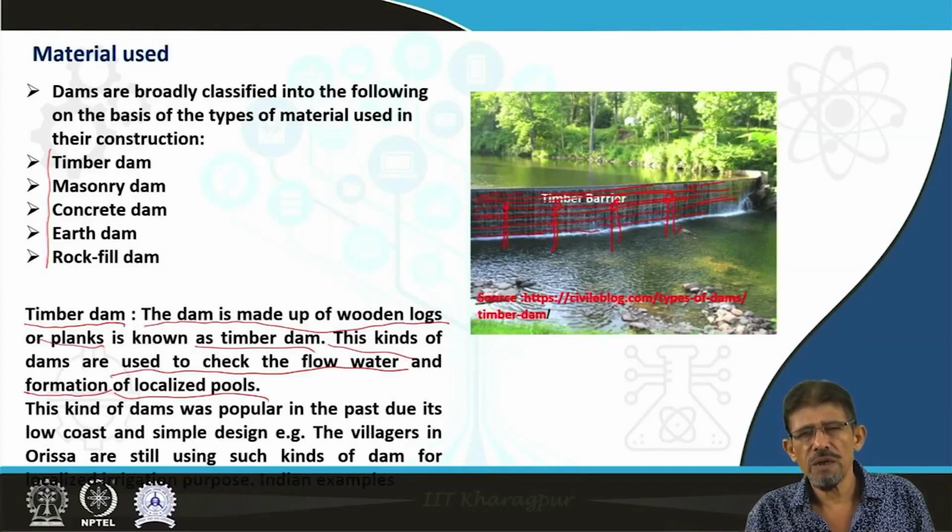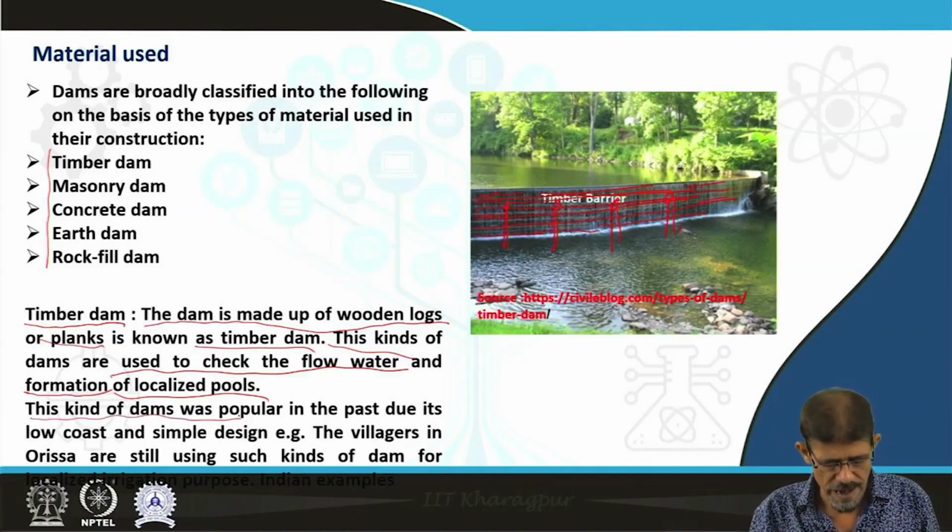As the structure is cheap and simple, at a number of places on the upstream side people prefer to construct such timber dams to reduce the velocity of flow of water, so that the main project, which belongs to another type of dam, maybe masonry dam, maybe concrete dam or other type of dam, experiences less thrust.